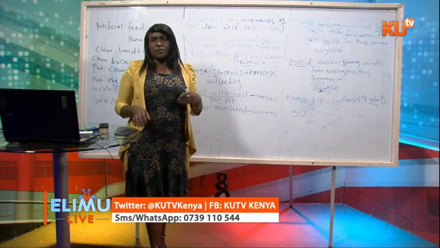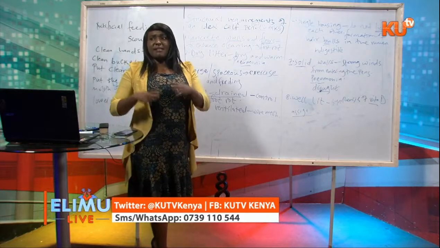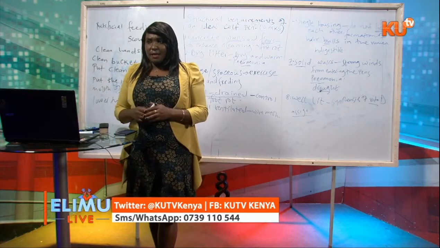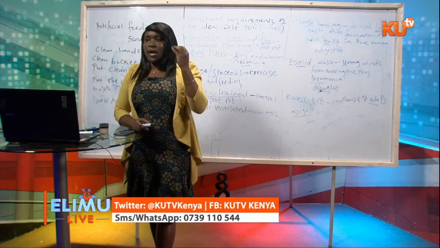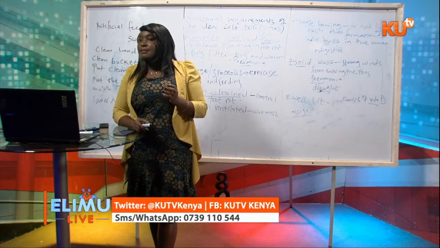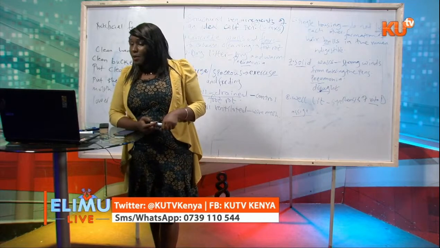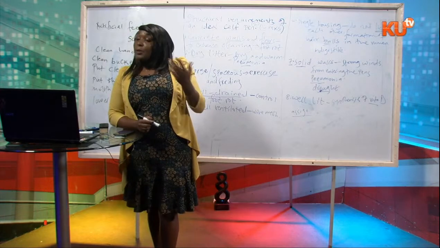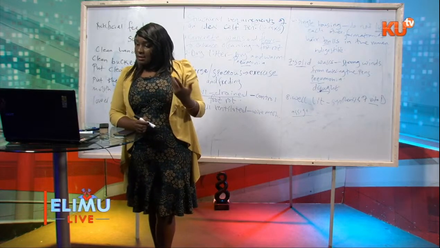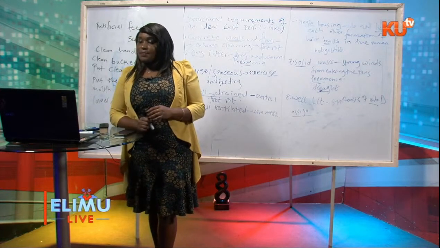Management practices range from issues of rearing, the rearing practices, and parasite control. You need to control ectoparasites and endoparasites, like the worms and the ticks, using appropriate chemicals or appropriate methods that do not necessarily mean chemicals.